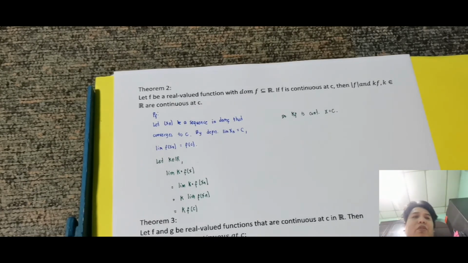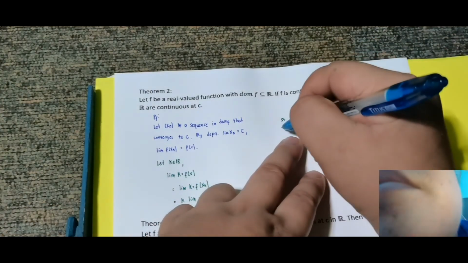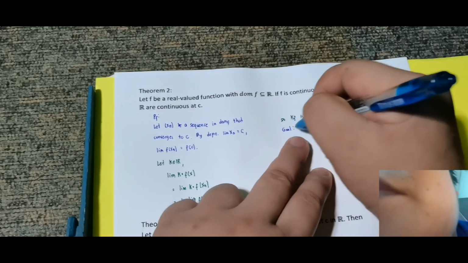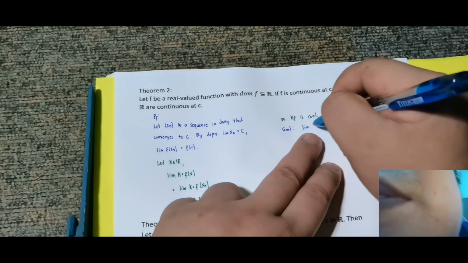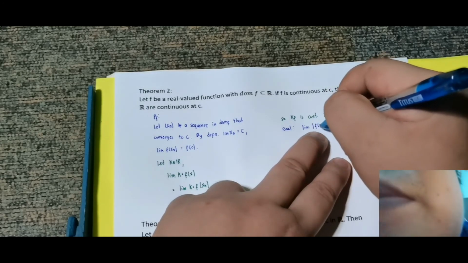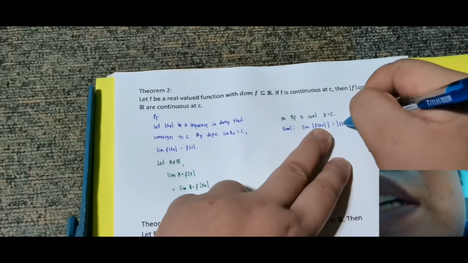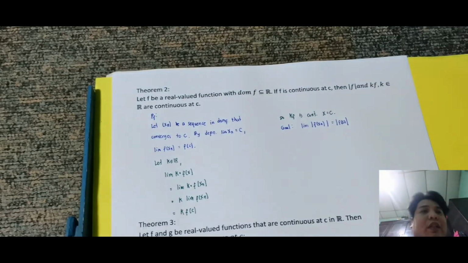Next is, we need to show na yung absolute value of f of x is continuous. So paano natin i-show? Para ma-prove natin na siya ay continuous, kailangan natin mapakita na our next goal is yung limit ng absolute value of f of x sub n is equal sa absolute value of f of c. Yan yung next goal natin.